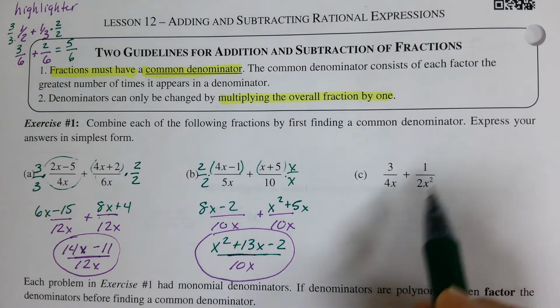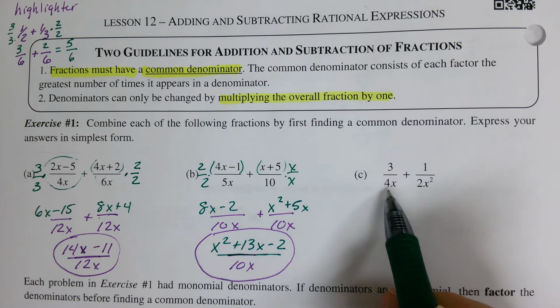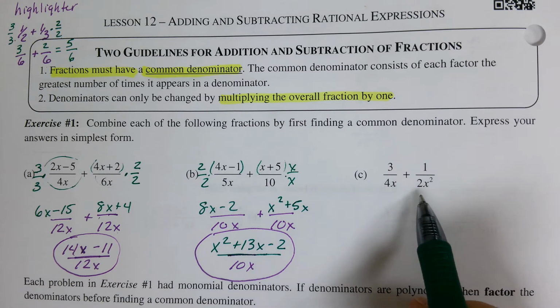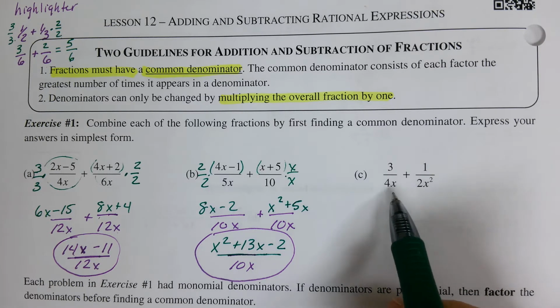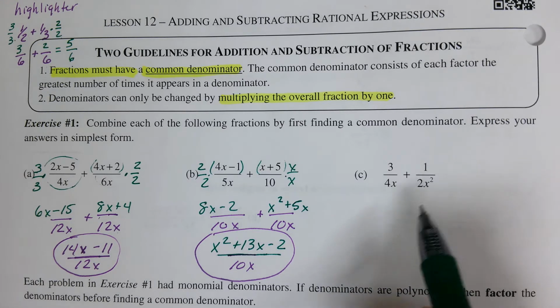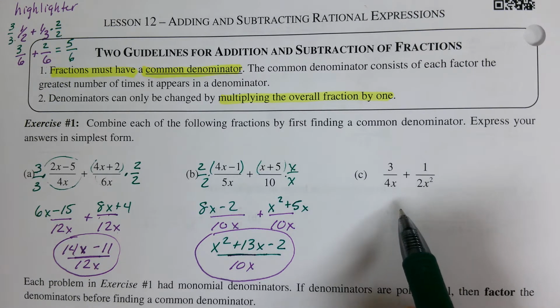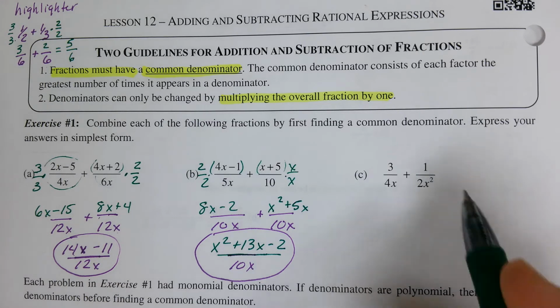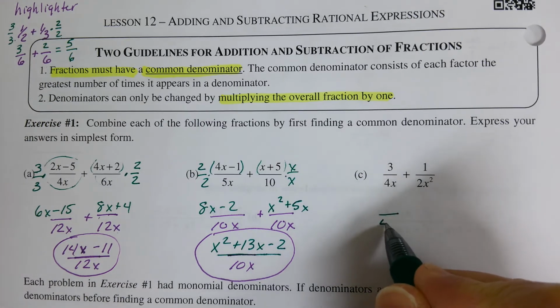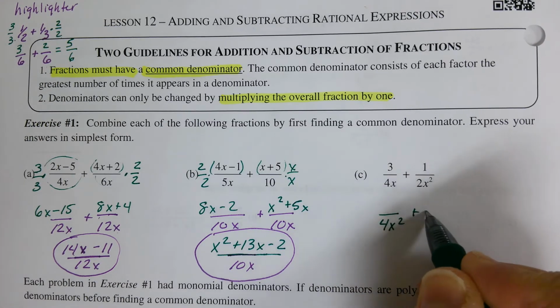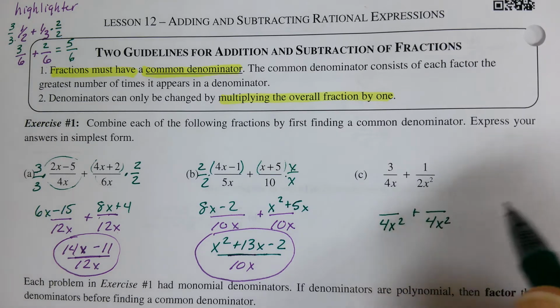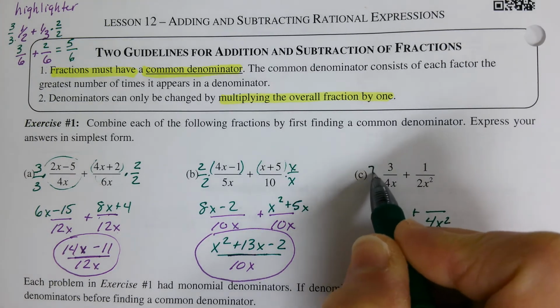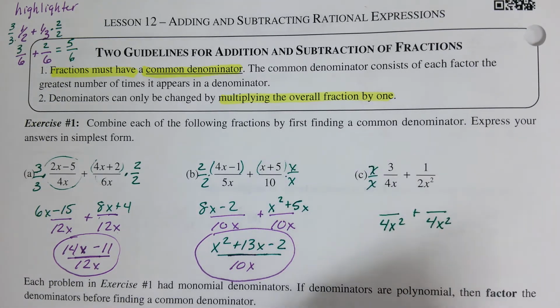4x and 2x squared. Okay, so 2 goes into 4, and x squared is larger than x. So our least common denominator here is 4x squared. Multiply by x over x.